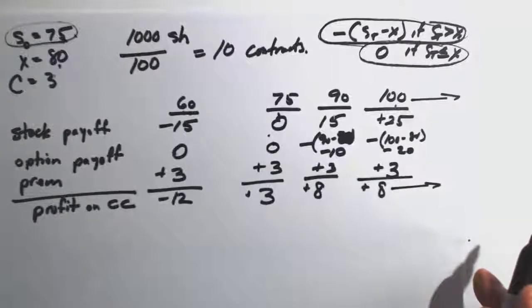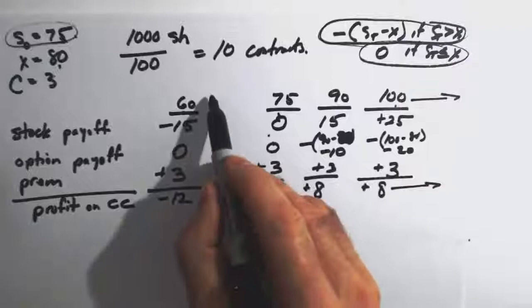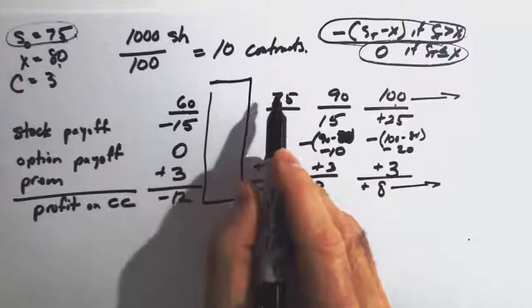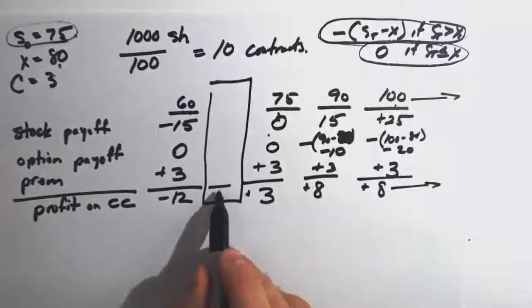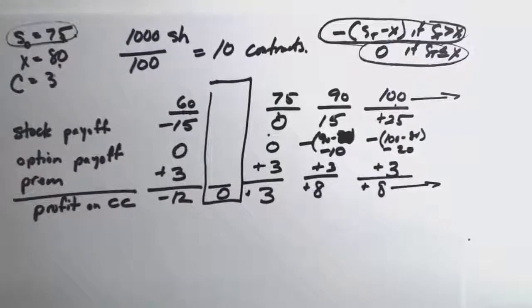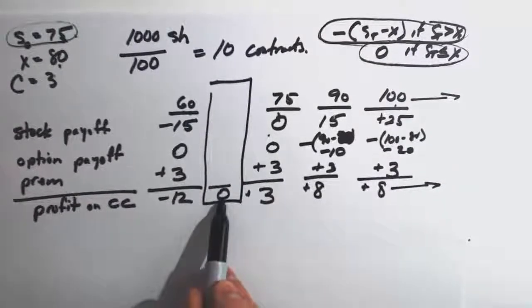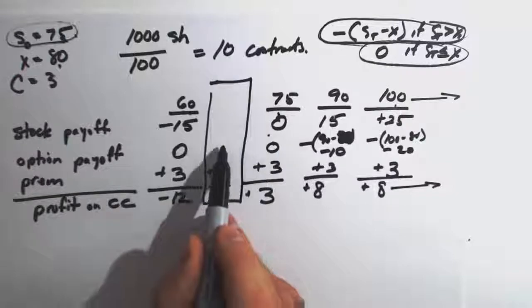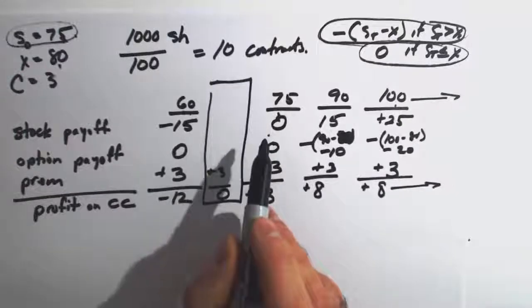Okay. So what you can do, and I left it blank here, is put in, at what point do you have a zero break even? You're going to collect 3, and so try to see if you can back into what that stock price ought to be.